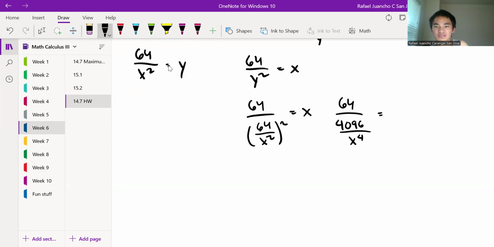So I'm going to say this is equal to 64 x to the fourth over 4096. And then I can do this. I can make this 1 over 64. So I'm left with x. What else can I do?